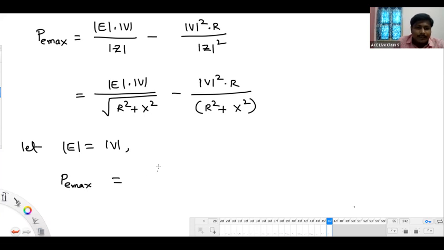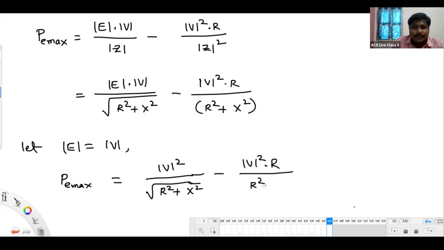PE max is nothing but mod V square by root of R square plus X square, minus mod V square into R by R square plus X square. Like this, we get the expression for the maximum power transfer.